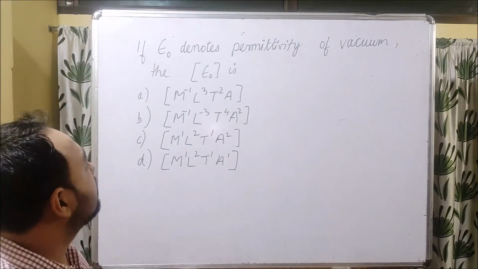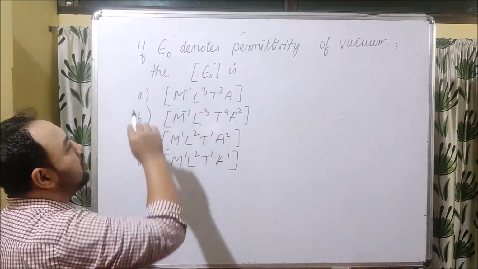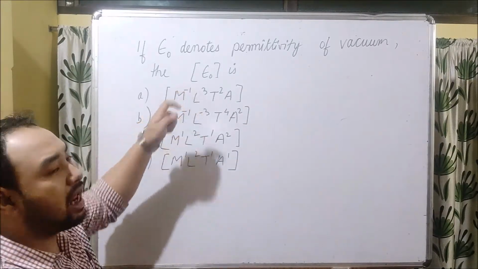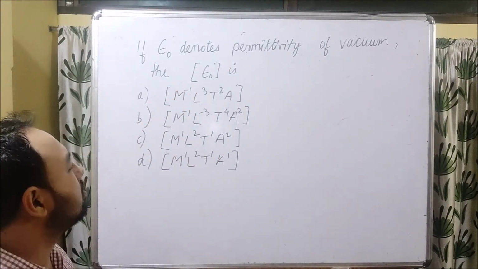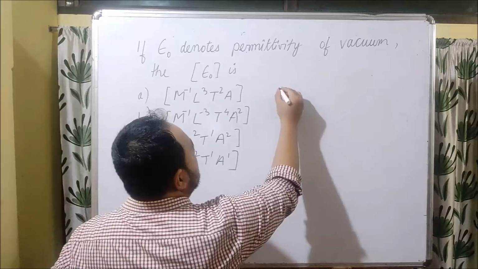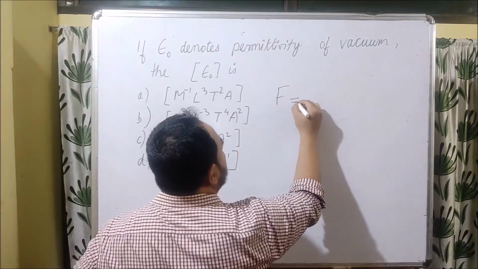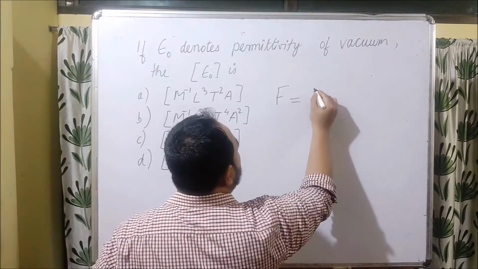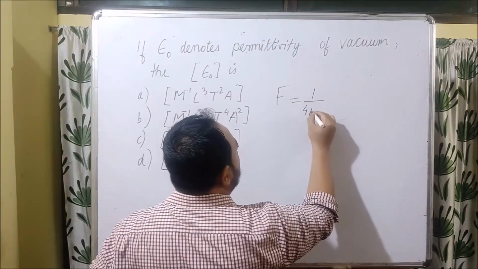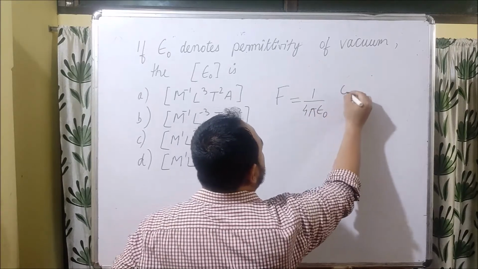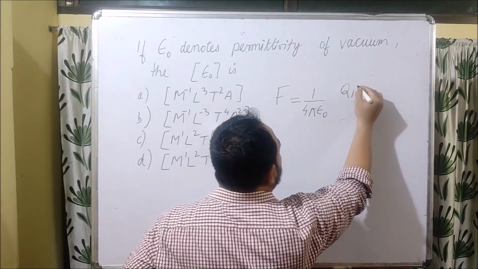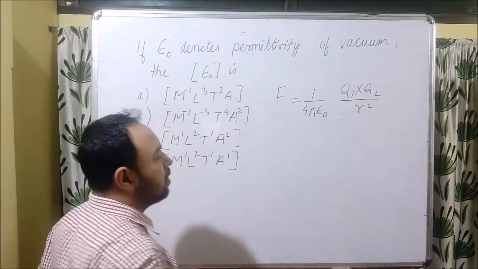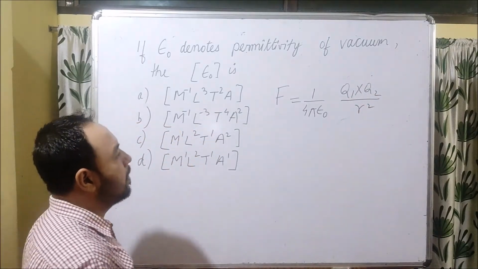So in the next question, it is given that epsilon naught is the permittivity of vacuum, and we have to find the dimensional formula for epsilon naught. For this, we have to recollect Coulomb's law. Force is equal to 1 by 4 pi epsilon naught Q1 into Q2 by R square. Remember this formula?